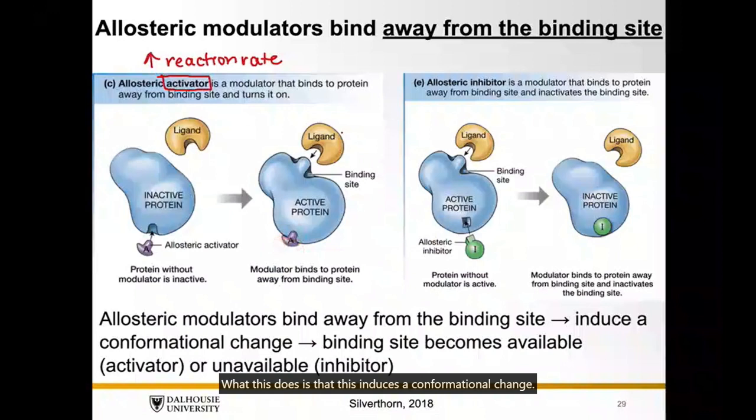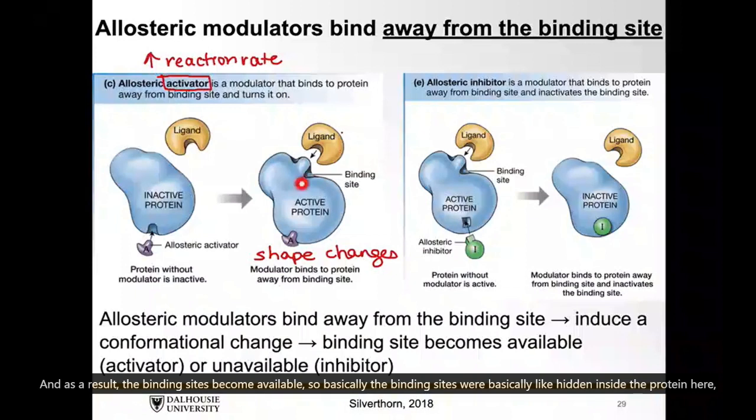What this does is that this induces a conformational change. Remember, this is just a fancy term to say that the shape of the protein changes. And as a result, the binding sites become available. So basically the binding sites were hidden inside the protein here.